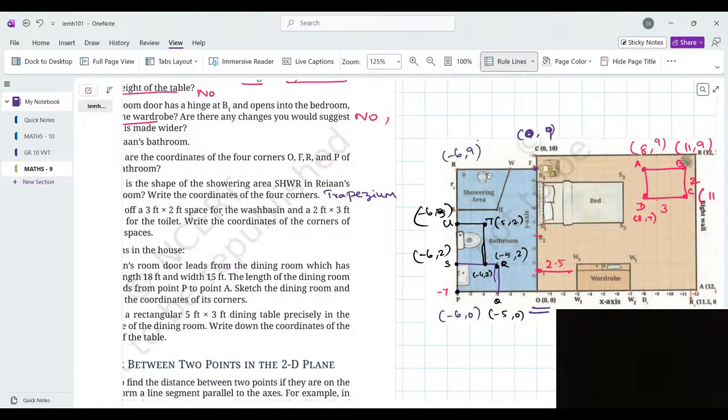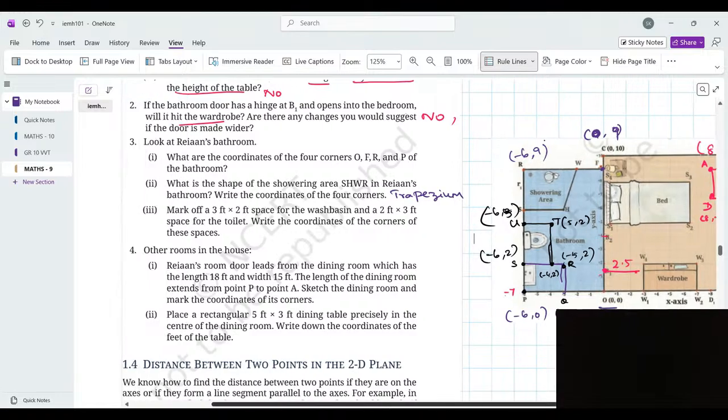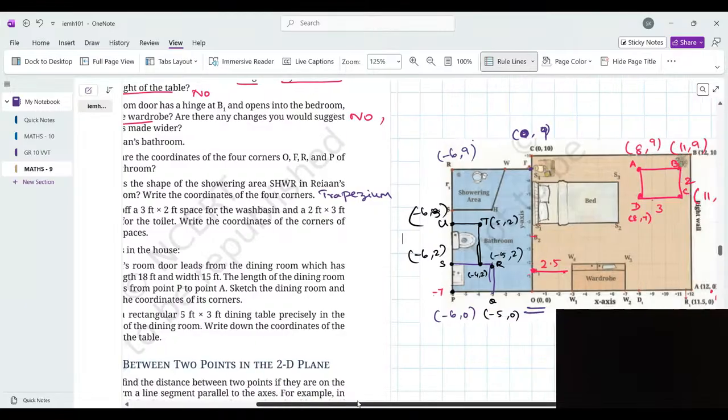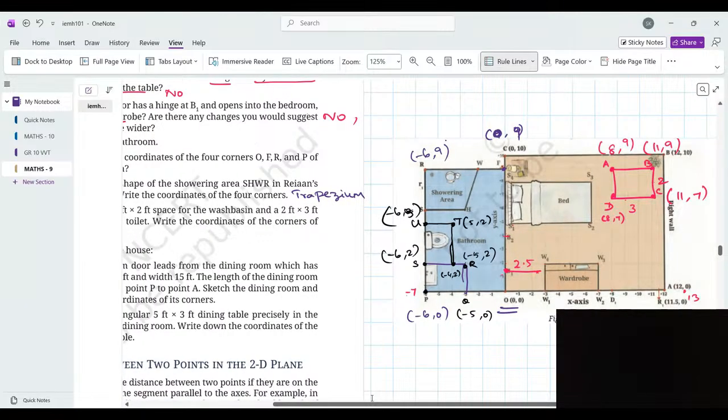The length of the dining room extends from the point P to A. Sketch the dining room and mark the coordinates of its corners. So from P to A, if you observe 1, 2, 3, 4, 5, 6, 6 plus 12, 18. So the complete length is going to be 18.